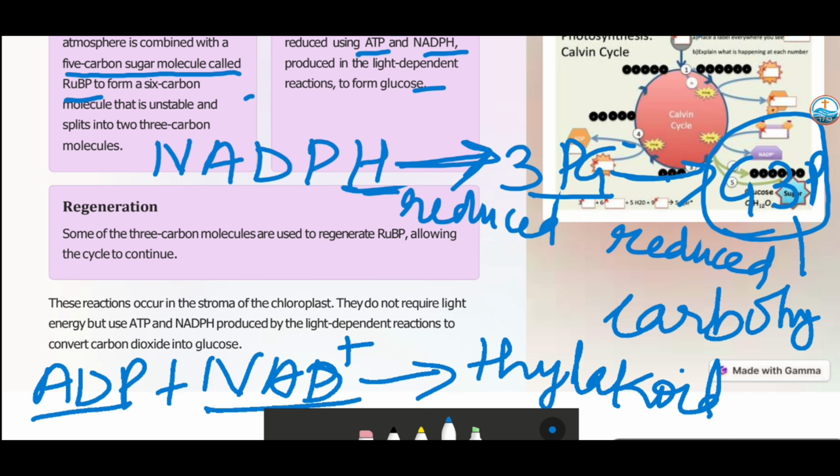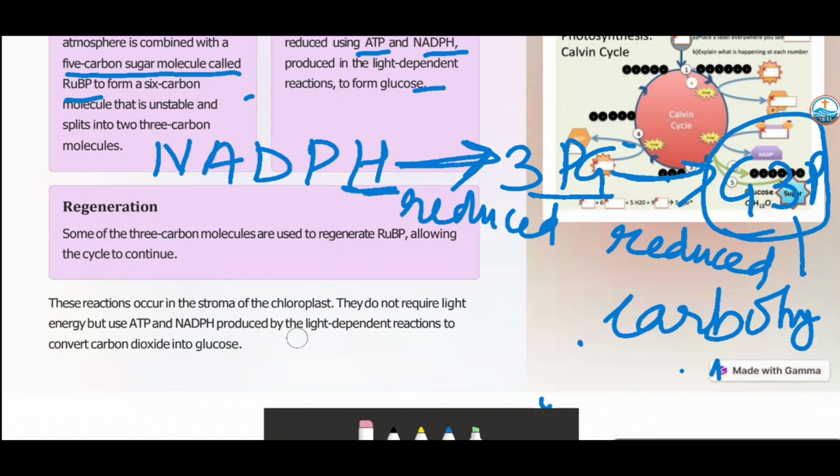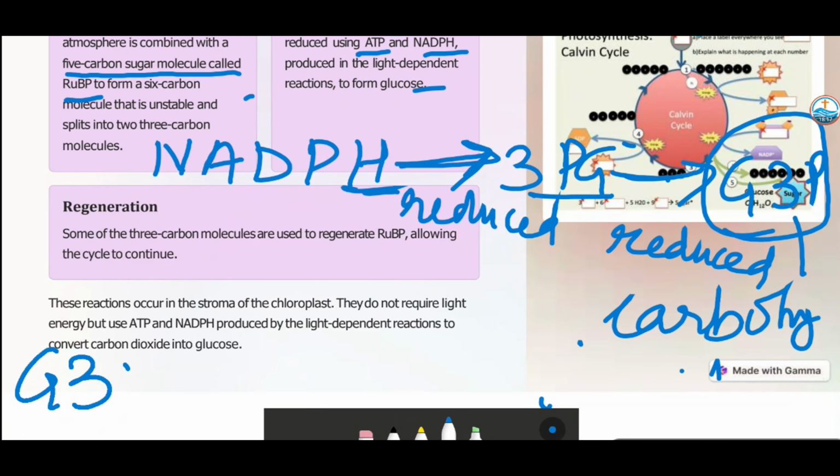What will happen now? One G3P molecule, which we have got here, please note down, this is very important, last point. This one molecule of G3P will now act as a building block of the carbohydrate.